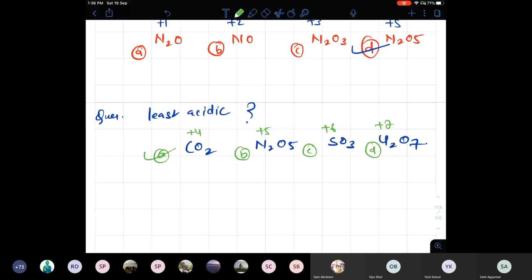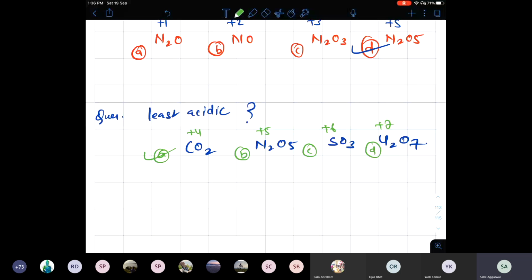Understood? Sir, can we have negative charge on the central atom? So it is no. अगर आपको कोई सोच रहा है कि can we get negative charge on the central atom, then I will say no, because we are taking least electronegative atom.